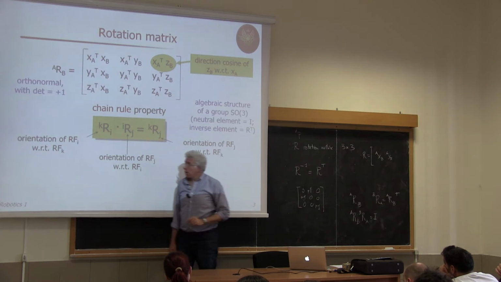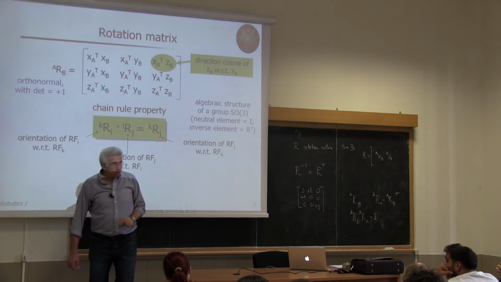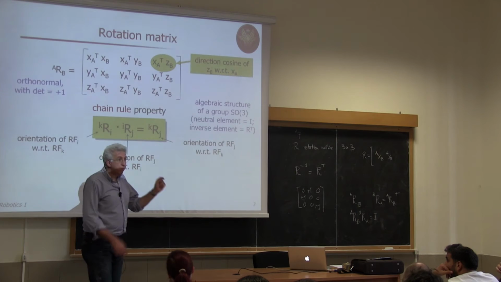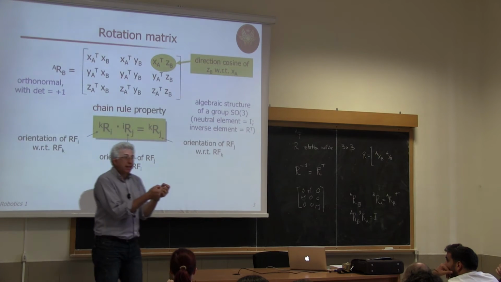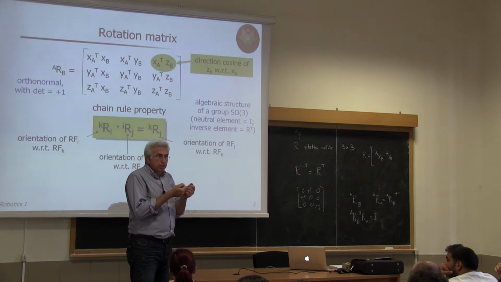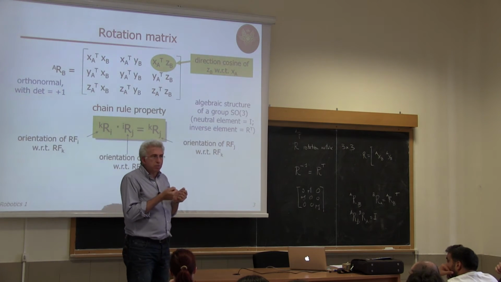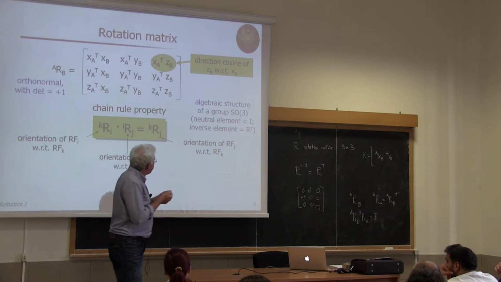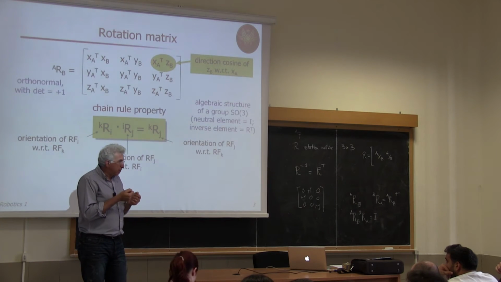Okay? Now, it's a group, so if you concatenate elements with the product operation, you obtain another element of the group. So you obtain again a rotation matrix. And as every group, it has a neutral element.